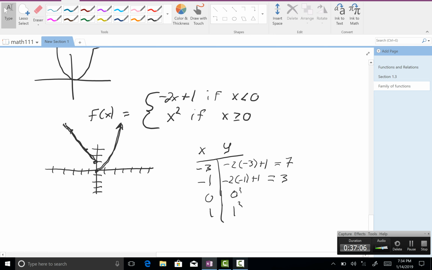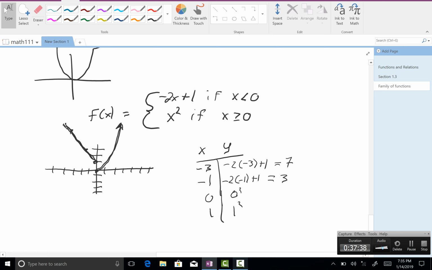Now, I'm going to put a comma. And now I put in the second condition, which was x greater than or equal to 0, back to the colon. Remember, you have to hit the shift, and then we put in x squared. And there it is. That's how you do it.